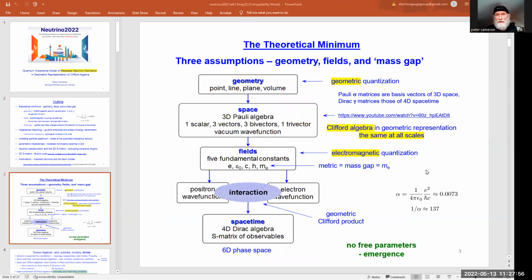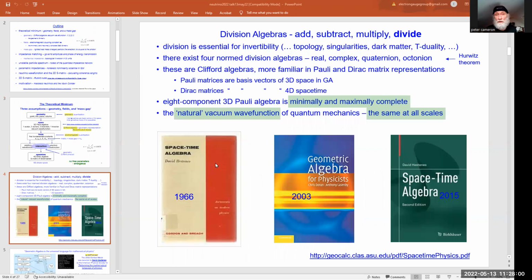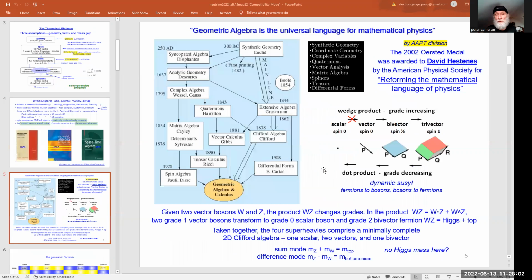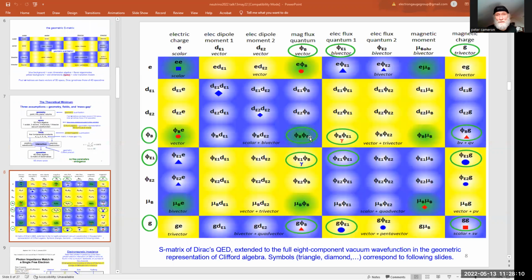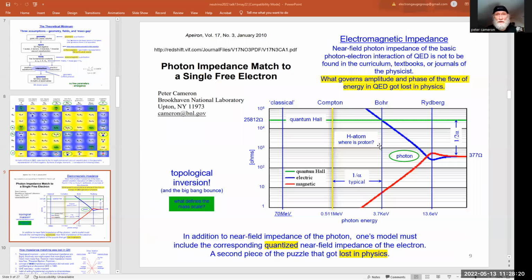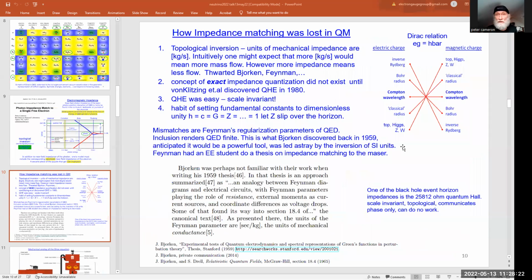So if we had time, we'd look at things like the theoretical minimum, the division algebras, and the good references, and some of the history and how it relates to the W and Z bosons, the geometric scattering matrix, and the actual physically manifested QED scattering matrix, the minimally complete QED scattering matrix, impedance matching to the hydrogen atom, how it was lost.